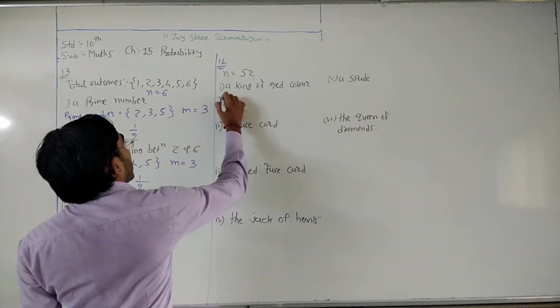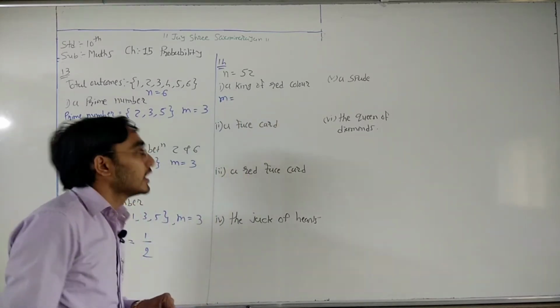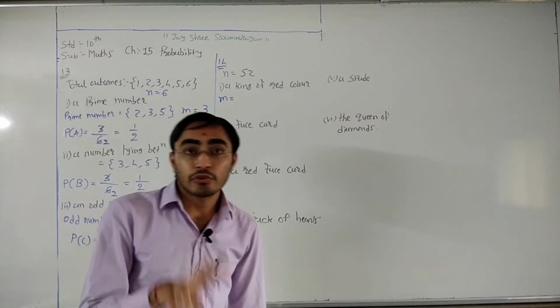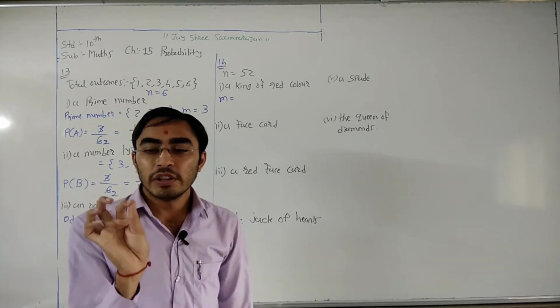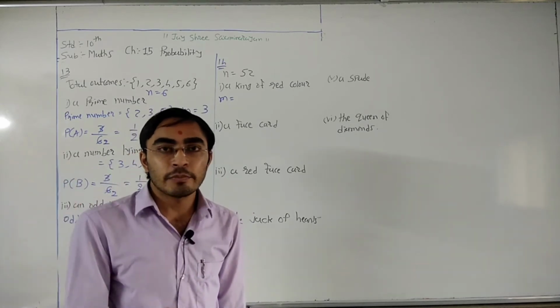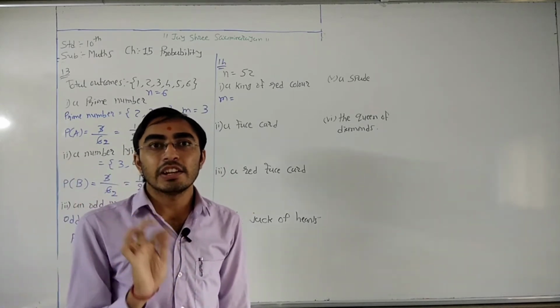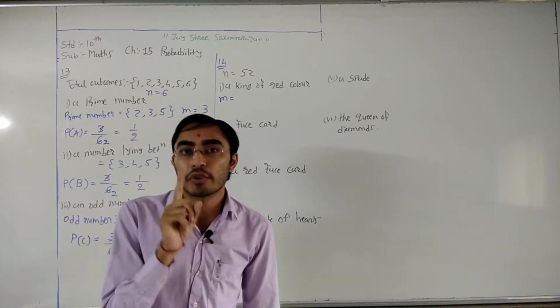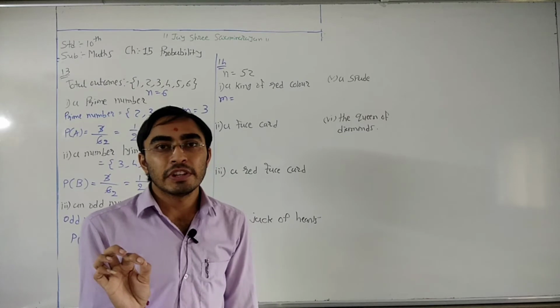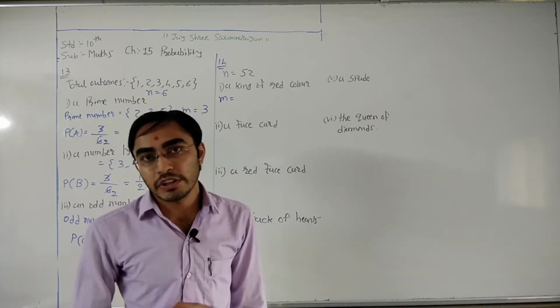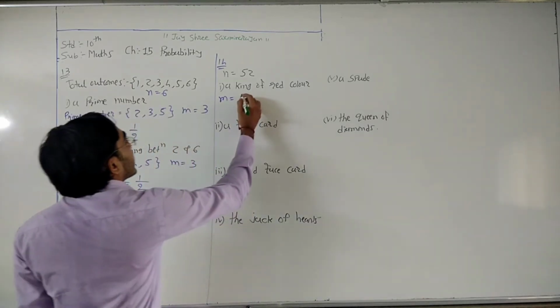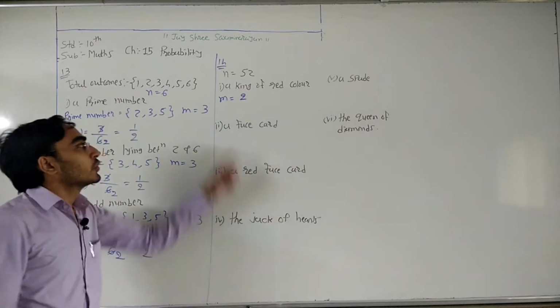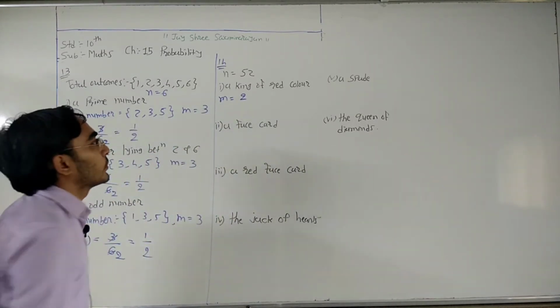It becomes our favorable outcomes. So 2. One king is in heart shape and one king is in diamond shape. So total 2 kings we have of red color, right? So this is our favorable outcomes.